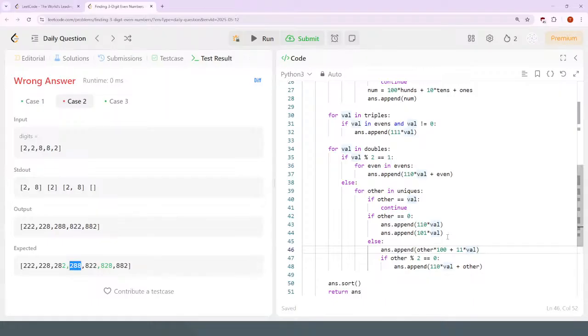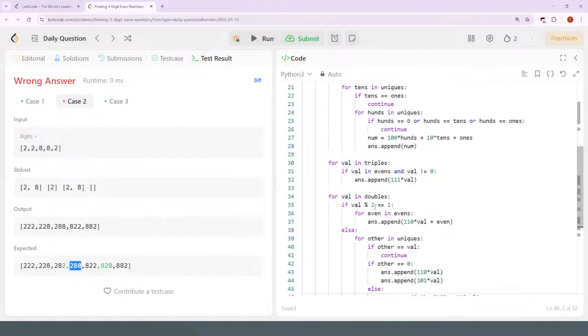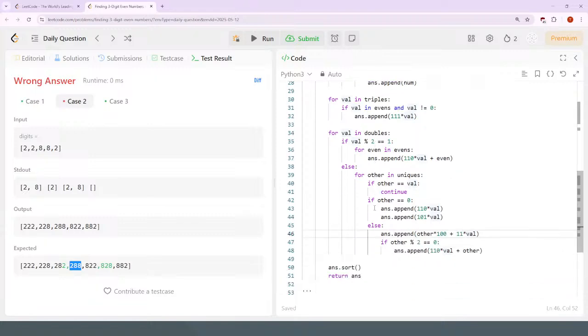No. The value itself is 8, the other value is 2. Answer. The value. Oh, yeah, I do have 288. I just don't have the 282.